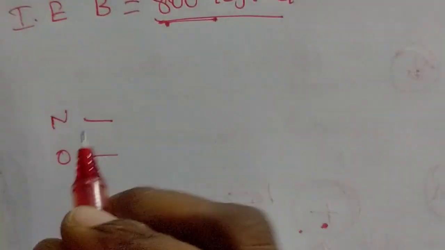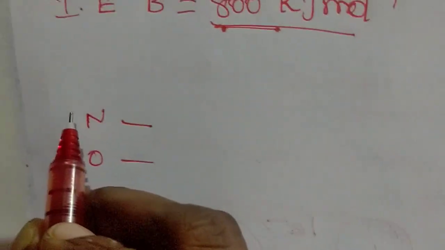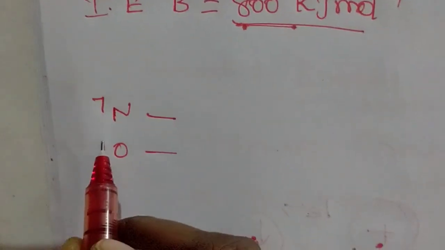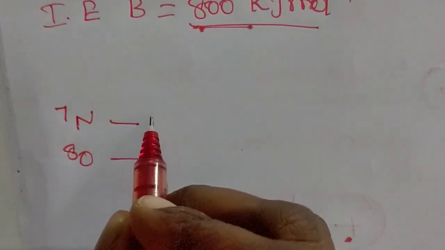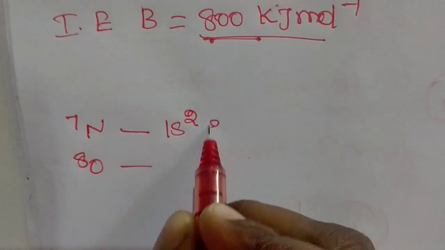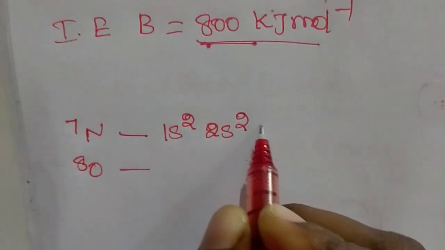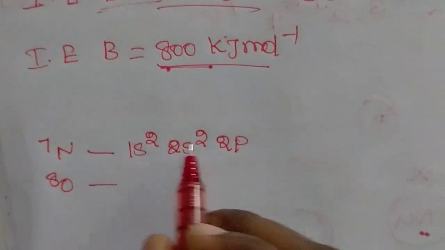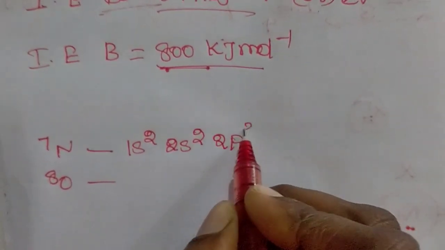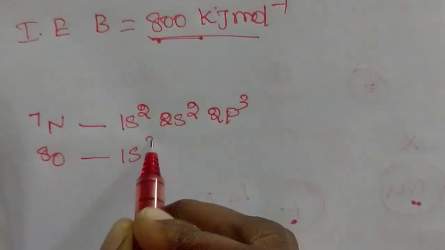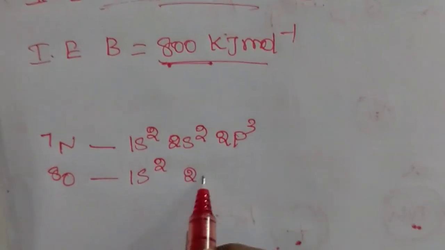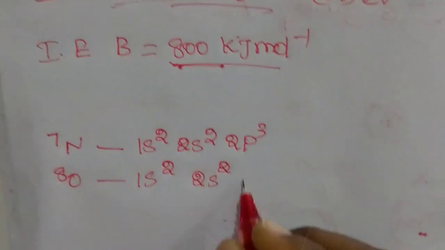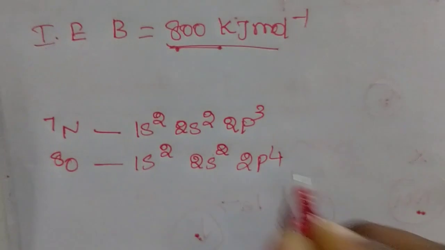Okay, so we have another exception, that is nitrogen and oxygen. What is the atomic number of nitrogen? It is 7. Oxygen is 8. Write the electronic configuration: 1s2, 2s2, 2p3. And 1s2, 2s2 and 2p4.